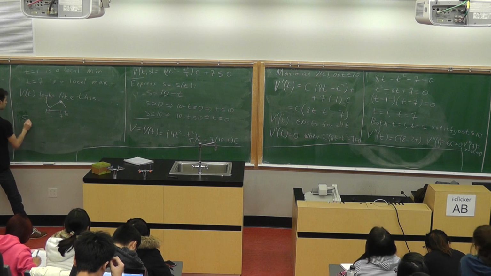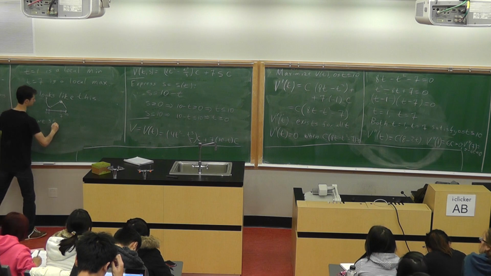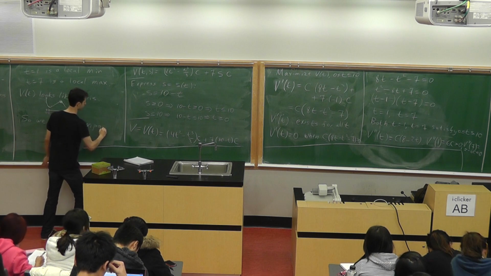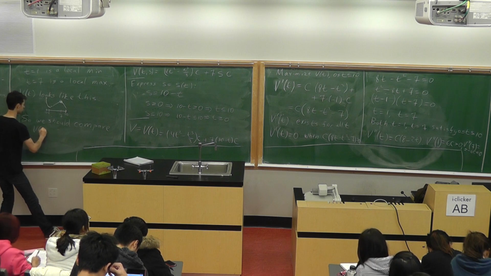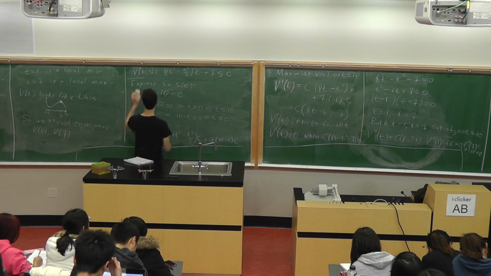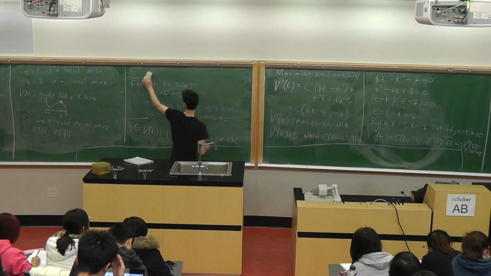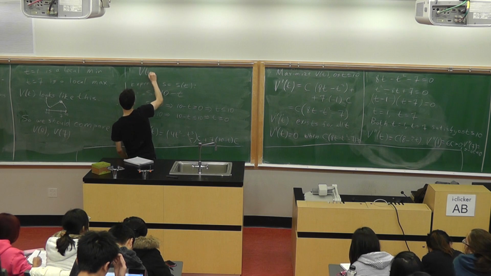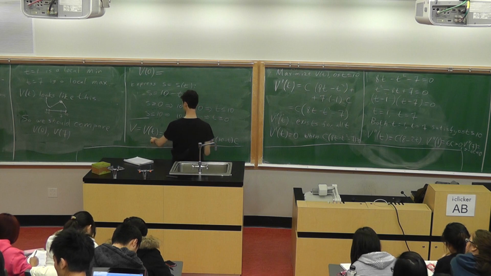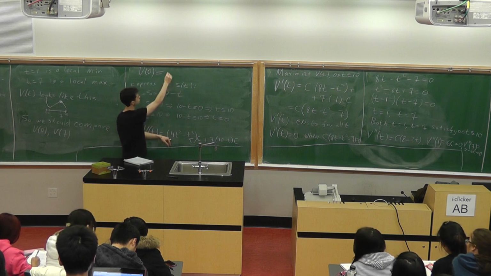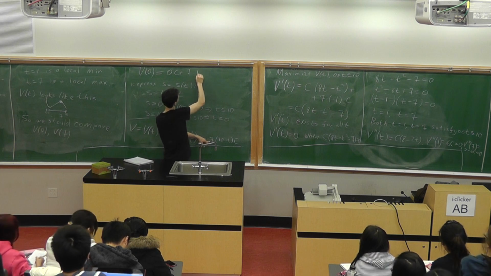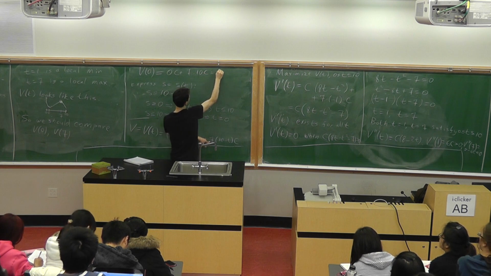So we should compare v of 0 and v of 7. Well, let's do this. At the point 0, here's v, so 0 times c plus 7 times 10 times c, so it's 70c.